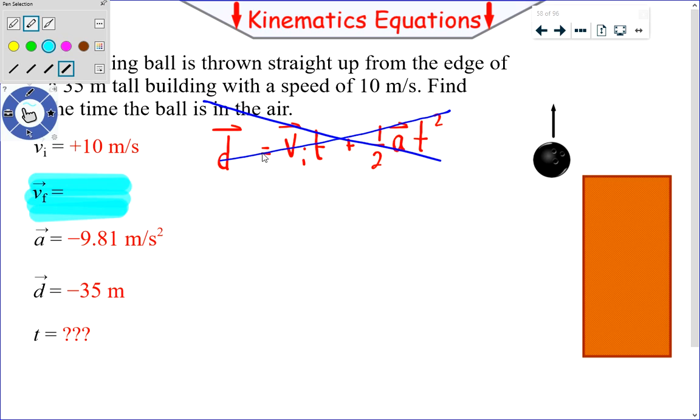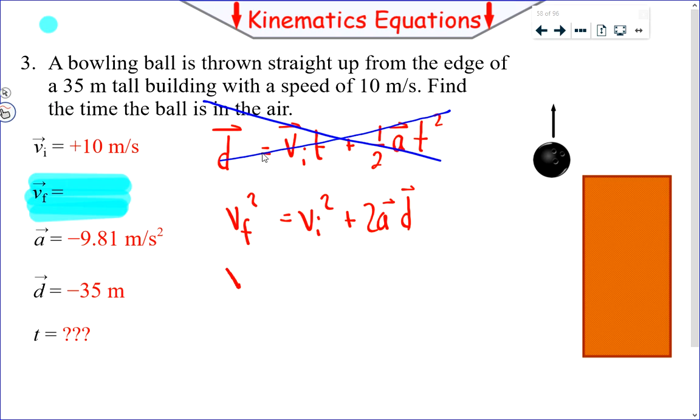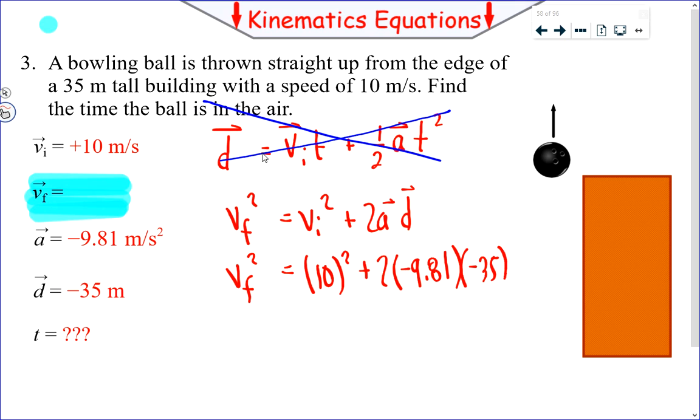Because the formula we're going to use to find VF will be VF squared equals VI squared plus 2AD. So VF squared is equal to 10 squared plus 2 times negative 9.81, and now you're writing this down, by the way, times the displacement of negative 35.